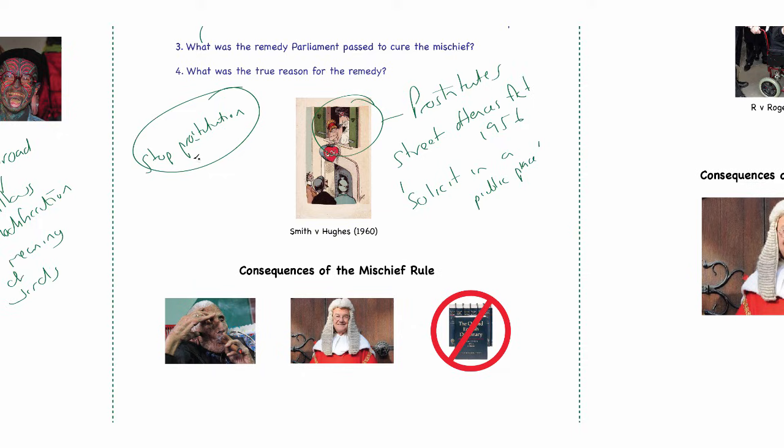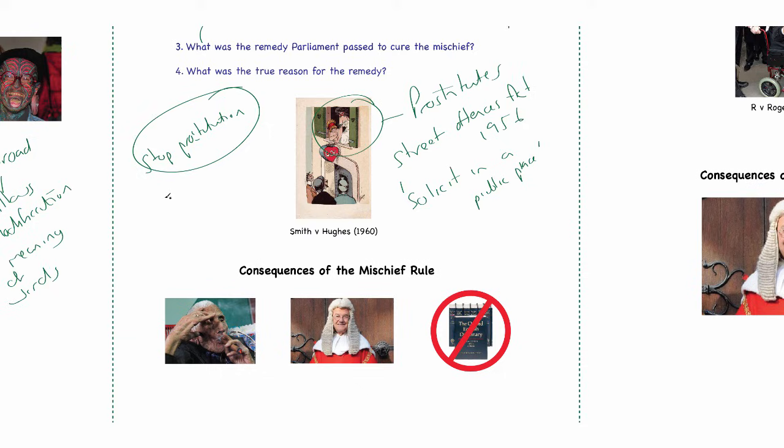So what the courts did is it applied the mischief rule, holding that the activities of the defendants were within the mischief of the Act, even though under a literal interpretation they would be in a private place. So in Smith versus Hughes, the court uses the mischief rule to be able to make sure that Parliament's will is followed through.